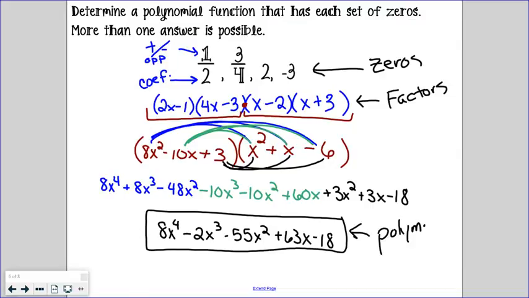Make sure you answer the question in the correct format. Can you see how if you stopped at the factors because you thought that's what you were supposed to do, but the question asked you for the polynomial, you're going to be missing quite a few points because that's a lot of work. Don't stop at the wrong format and miss out on all those points just because you didn't pay attention to the question, okay?